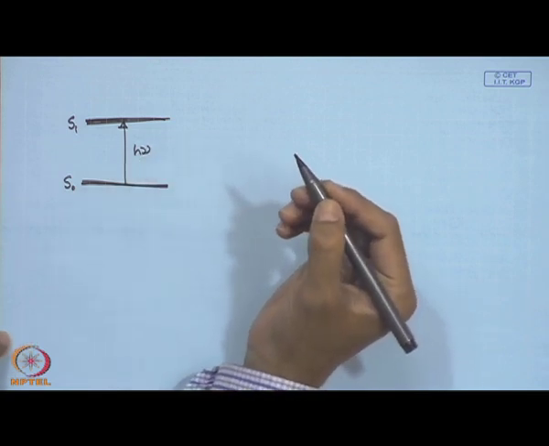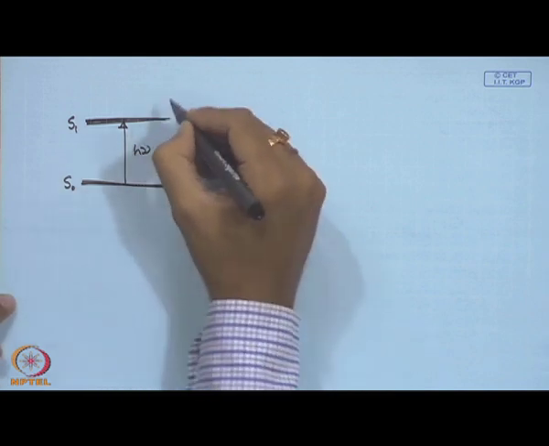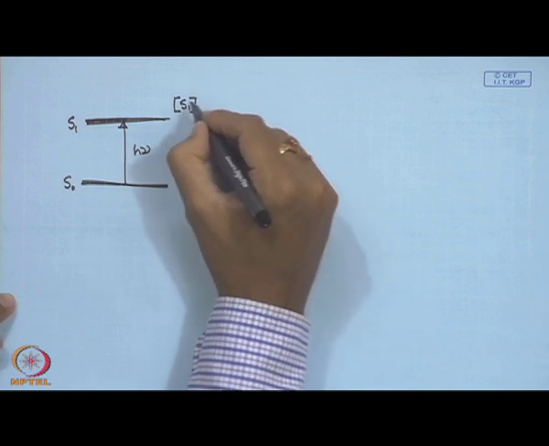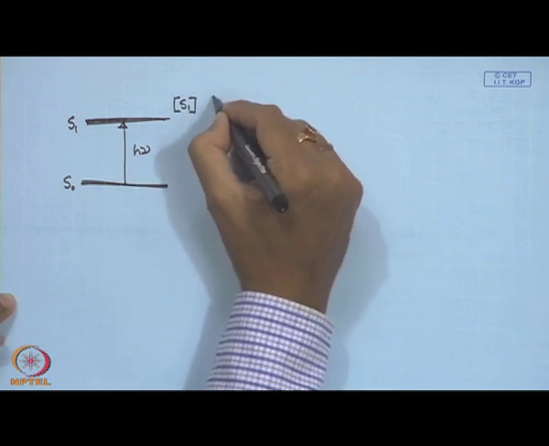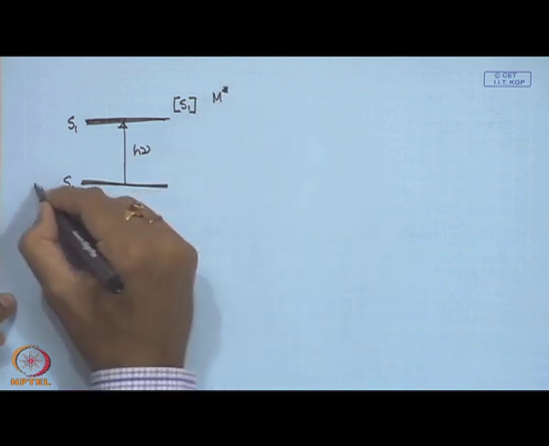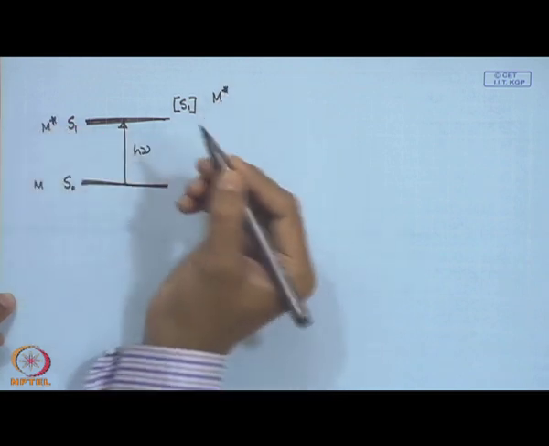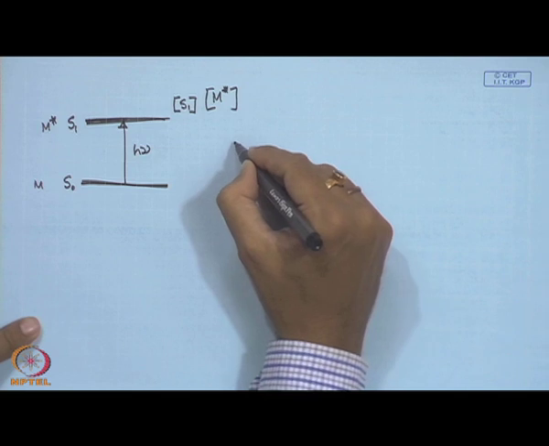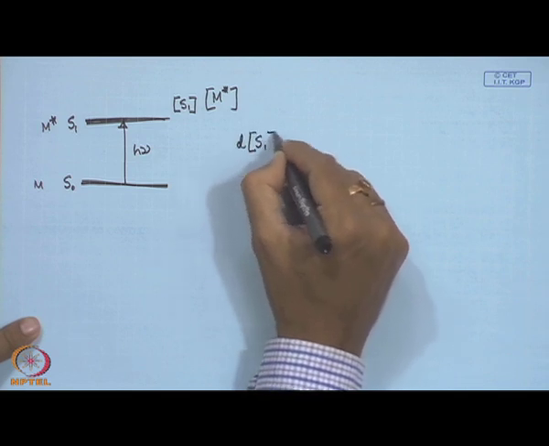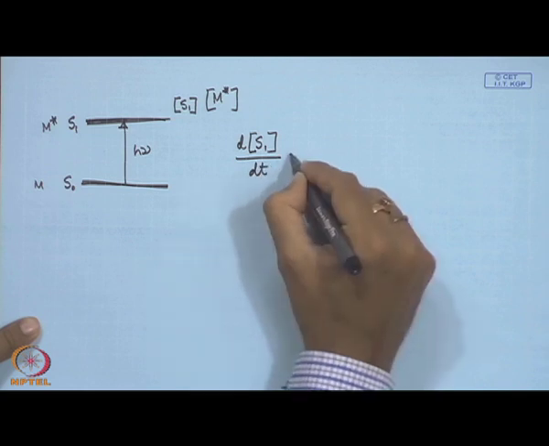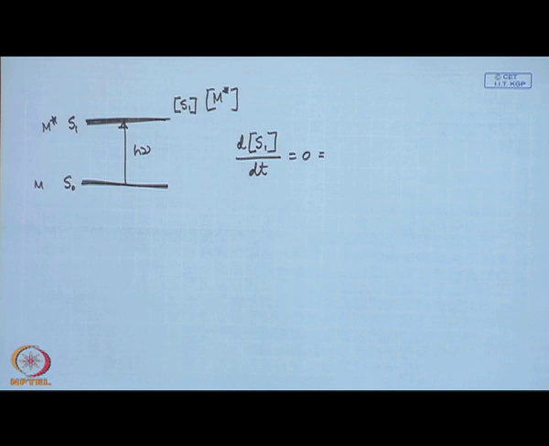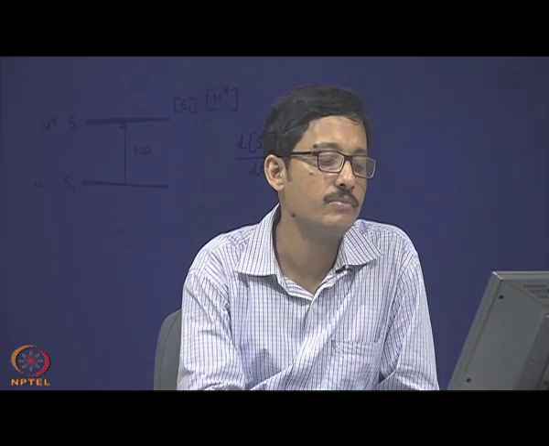Since it is a metastable state, S1, which is basically M star (this is M, this is M star), the concentration of M star, we can apply the steady state approximation to this, and therefore we can write d[S1]/dt equal to 0, which equals Ka times [S0], where [S0] is the concentration of S0.